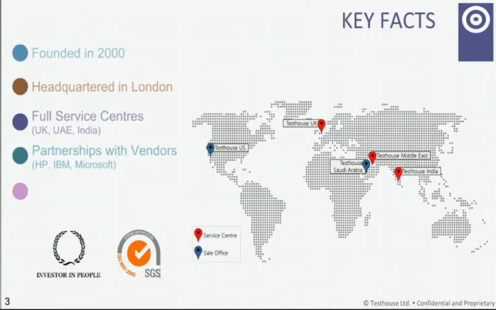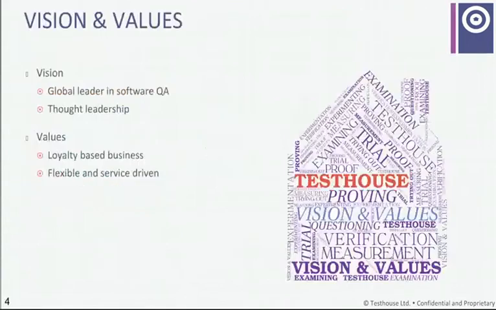We're gold partners with Microsoft and also have good relationships with HP and IBM. And we are a quality partner for many leading organisations to make sure that their software quality is as good as they hope it can be. We're also very good with our people and make sure they're up to date with the latest technologies.